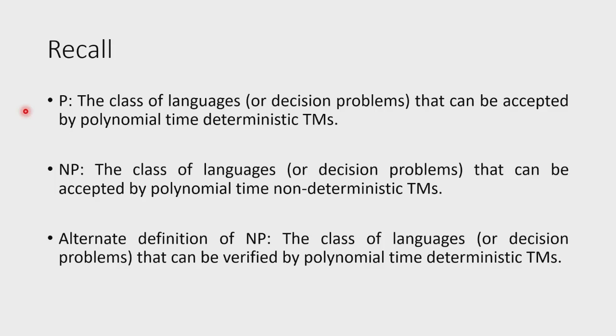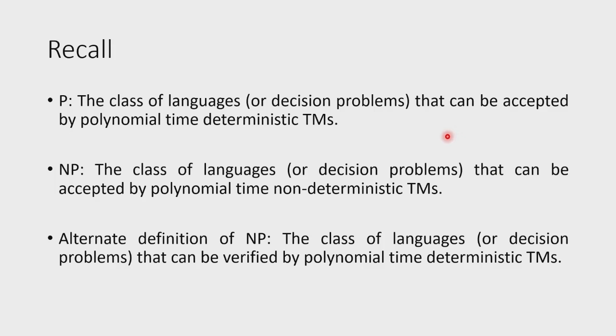But in the case of recognition, we do not get the answer no; there is always a possibility of the Turing machine entering an infinite loop if the string is not part of the language. So if I were to replace accepted by recognized, it would be the class of languages that can be recognized by polynomial time deterministic Turing machines. But once I say that a Turing machine is polynomial time, it has to halt. Correct. Both in P and NP, I have a condition on running time, so that forces me to halt.